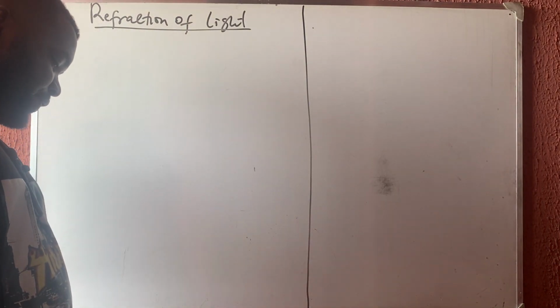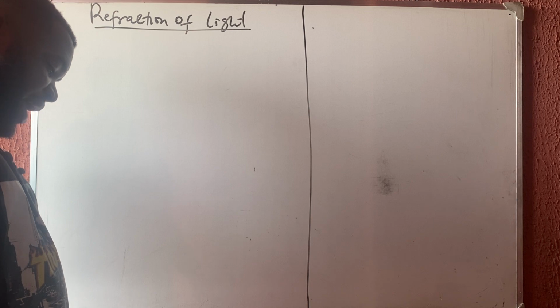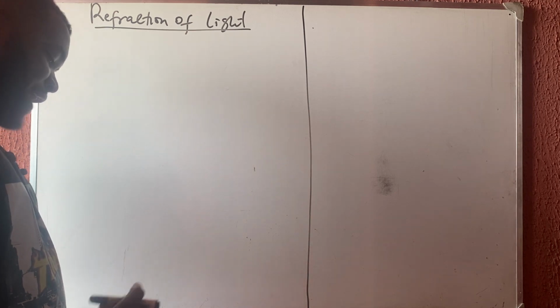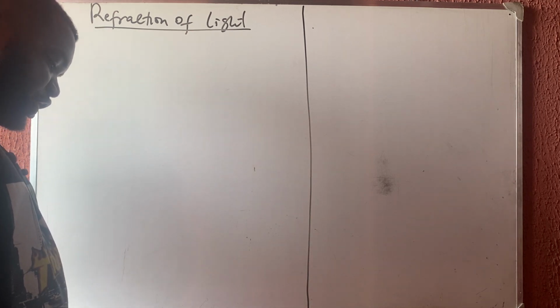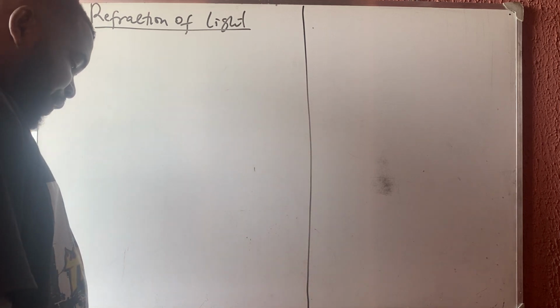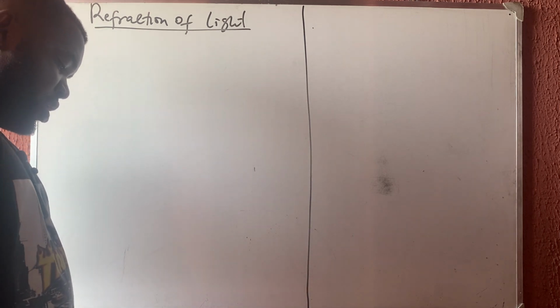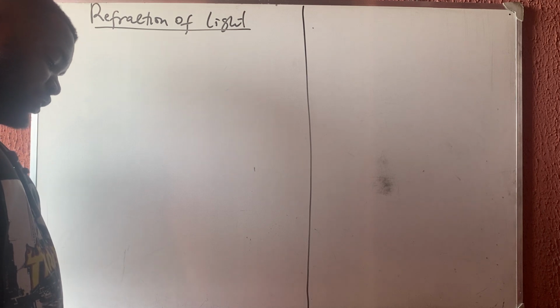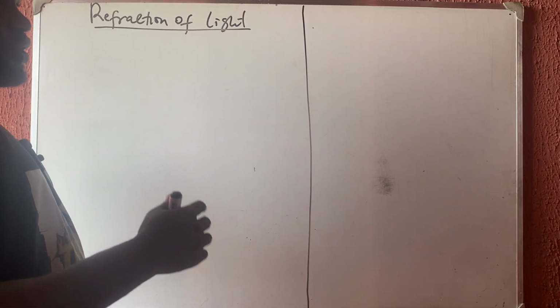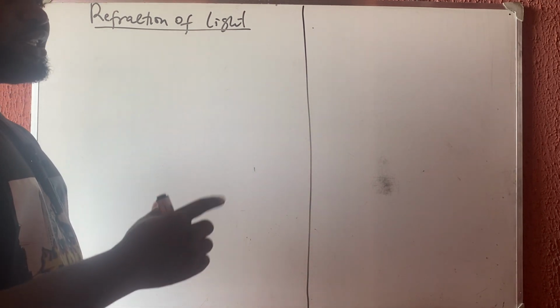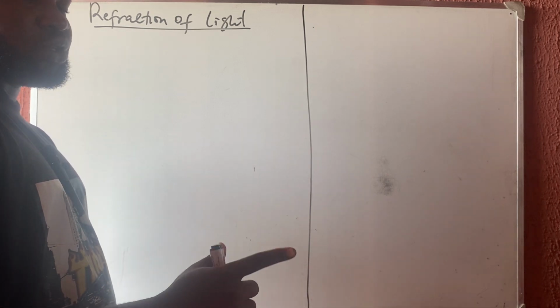Refraction of light is defined as the process whereby a ray of light changes direction due to a change in its speed as it passes from one medium to another of different density. A difference in density is what causes refraction.